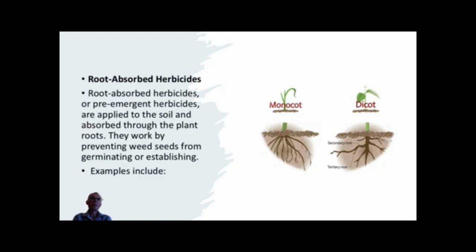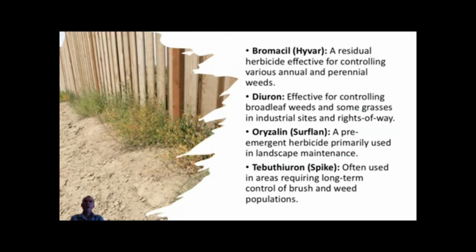Root-absorbed herbicides, or pre-emergent herbicides, are applied to the soil and absorbed through the plant roots. They work by preventing weed seeds from germinating or establishing. Examples include Bromacil (Hyvar), a residual herbicide effective for controlling various annual and perennial weeds.